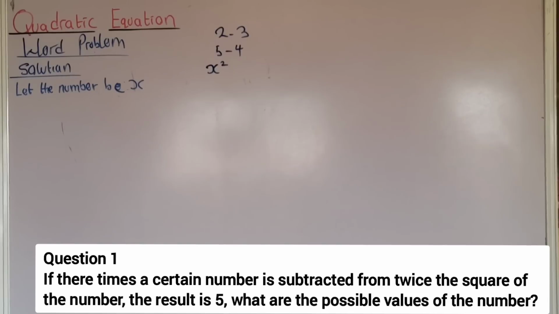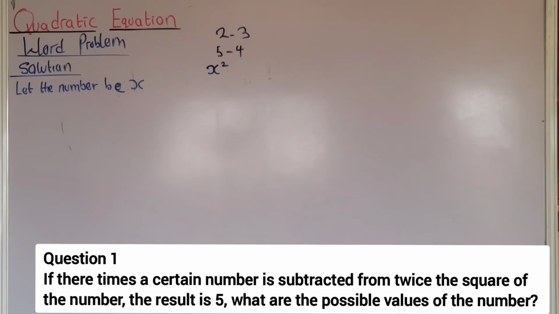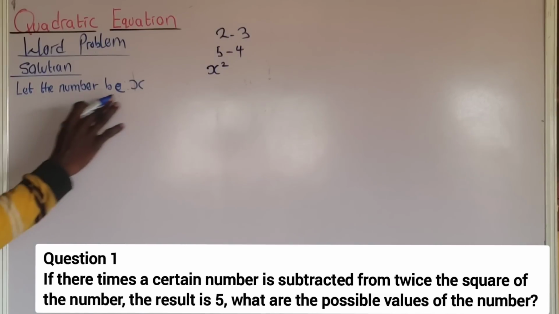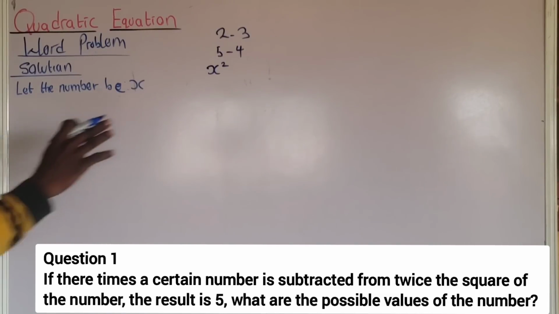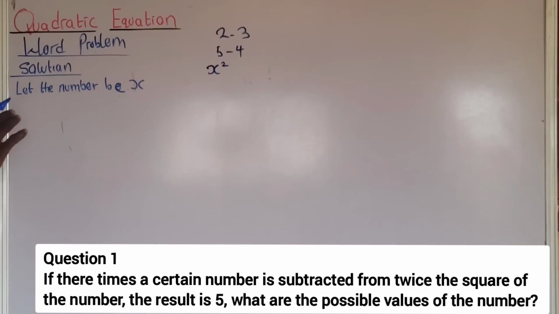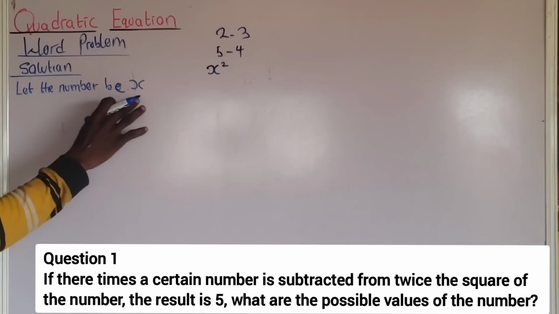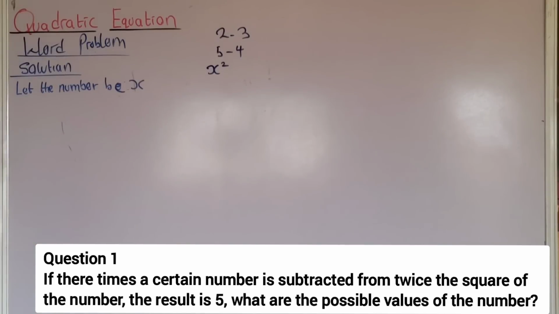All you have to do is understand the question and then interpret it. Let the number be x. The square of the number is what? x squared. I'm going to square x because I've said let the number be x. So the square of x is what? x squared.